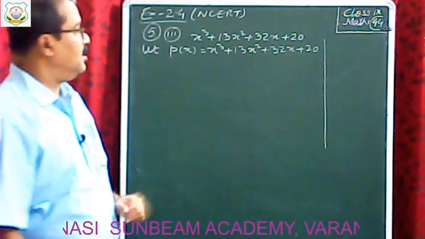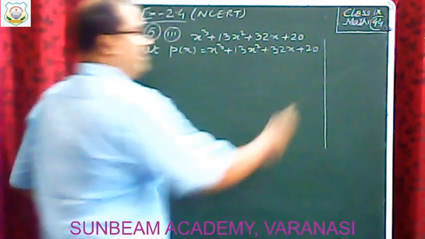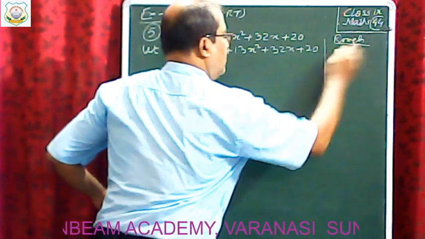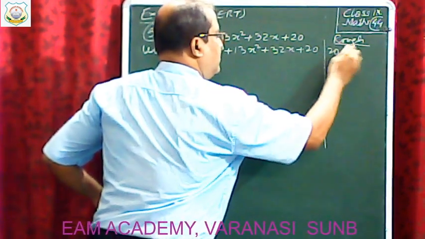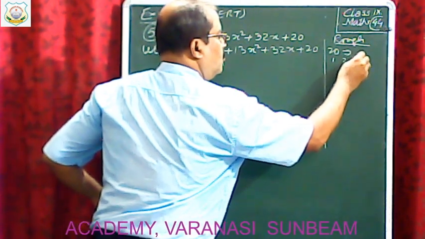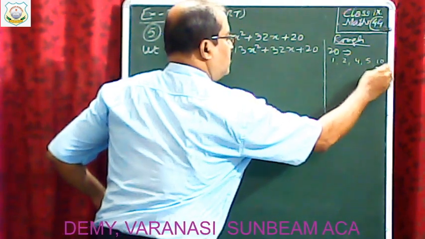So how? The constant term of the polynomial is 20. The factors of 20 are 1, 2, 4, 5, 10, 20.